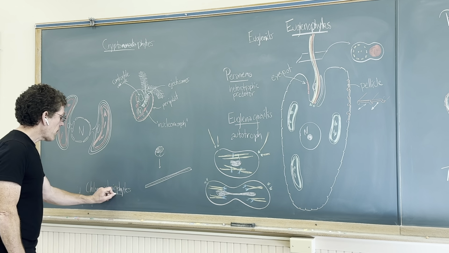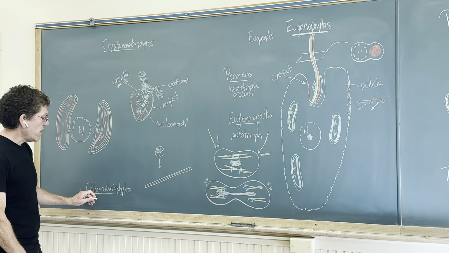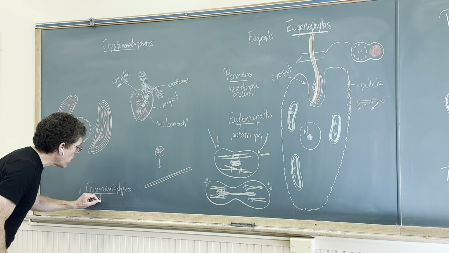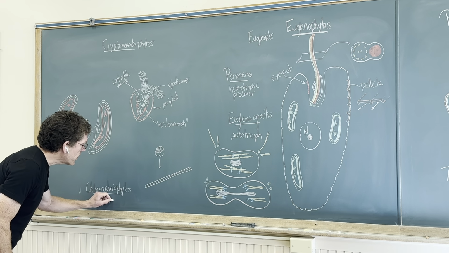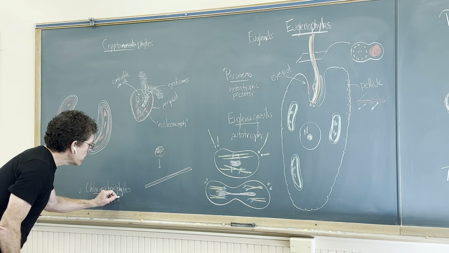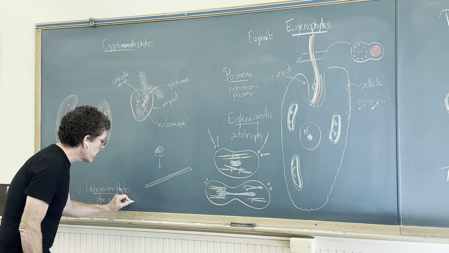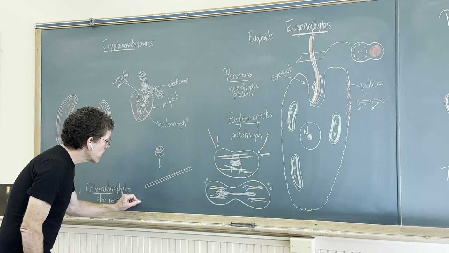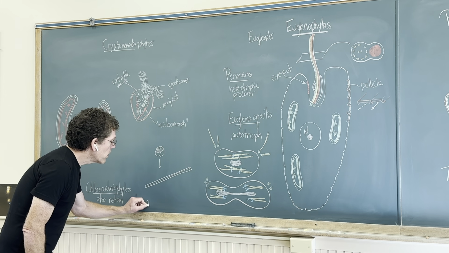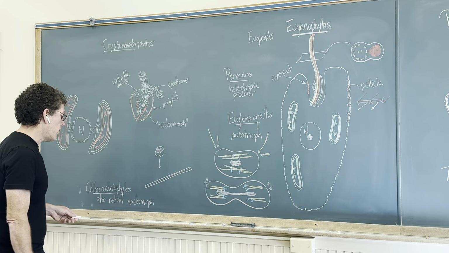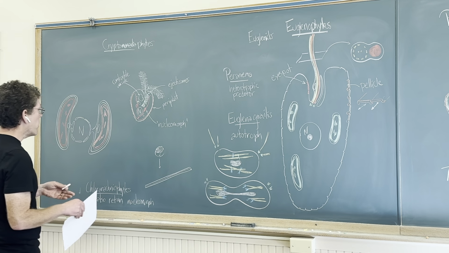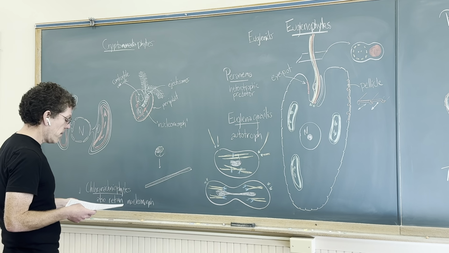And the reason I'm pointing these out here is that they also retain, in that case, the green algal genome as a nucleomorph. And we will read a paper which addresses, well, what's inside the nucleomorph?